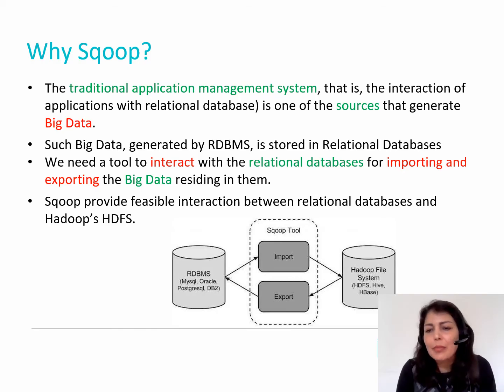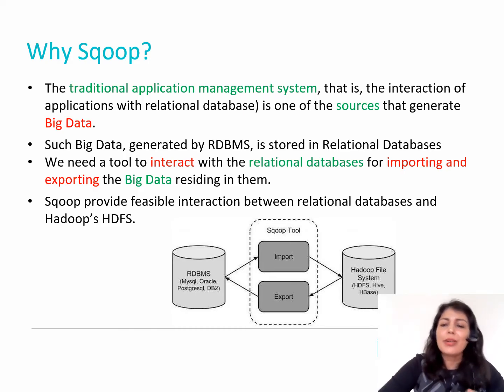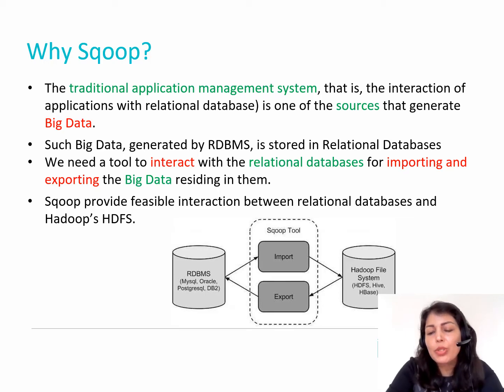So it can be importing data from RDBMS to Hadoop HDFS, or it can be the opposite direction, bringing back data from Hadoop HDFS to traditional database, which we call exporting. What is really important, we need this interaction, and Sqoop is the tool which makes this interaction with RDBMS possible, and it's really easy to use.